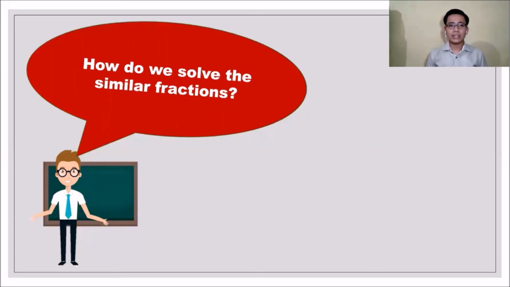Next question is, how do we solve the similar fractions? If they are similar, we just add the numerator and just copy the denominator. How about the dissimilar fraction? Get the LCD first.